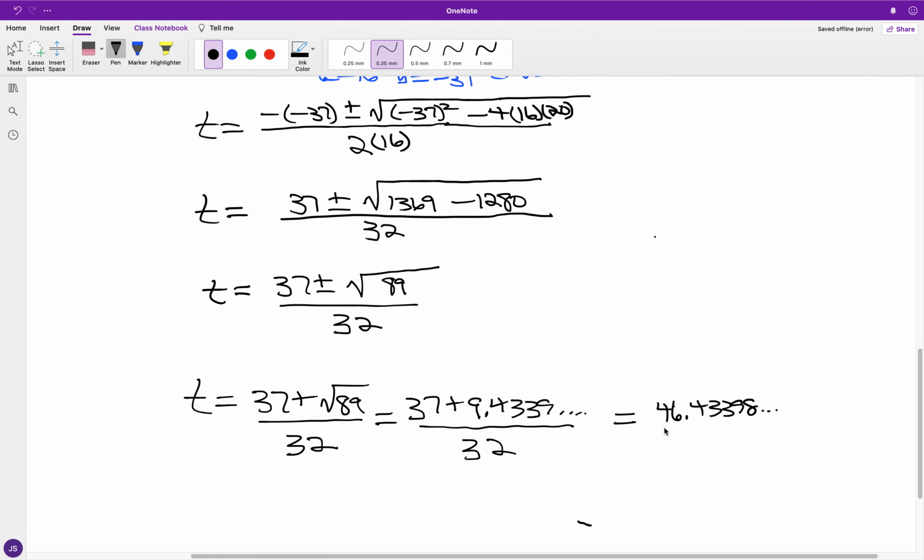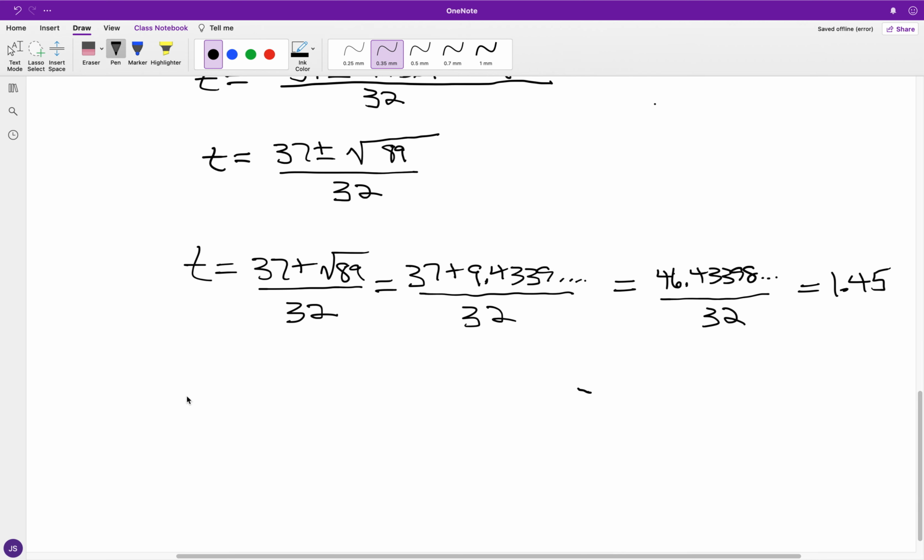And if I divide by 32 and round to the nearest 2 decimal places, I have 1.4510. So at the upper end I have 1.45.